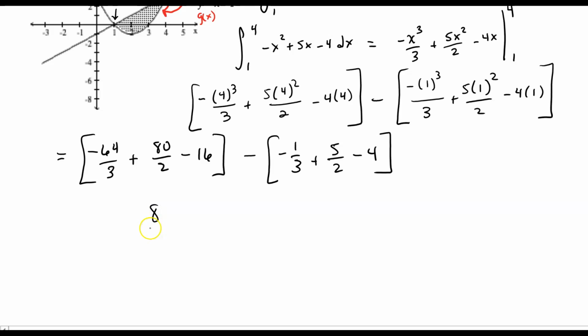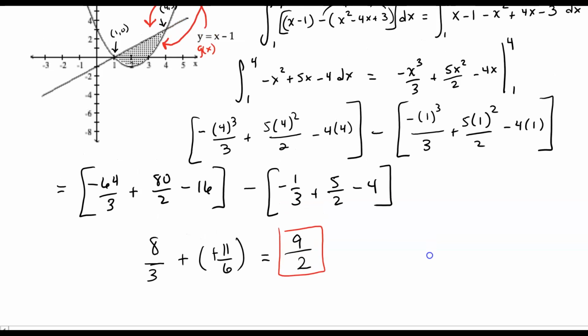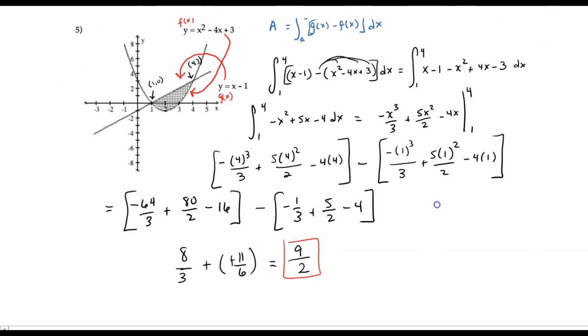Well, they're all like terms, but I'm going to work on the operations for you. 8/3 minus, and this one becomes a negative 11 over 6, which is a plus. So you do that. Again, it's not terribly difficult. This is probably the hardest part, not the calculus, I'd argue. 9 over 2. And so that is the area between that parabola and the line, 9 over 2.